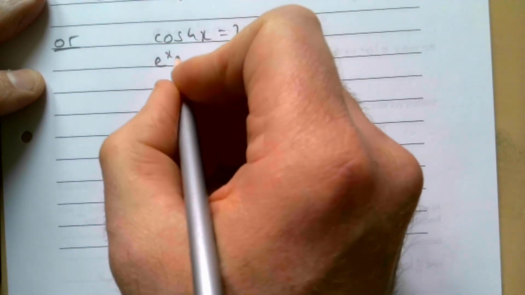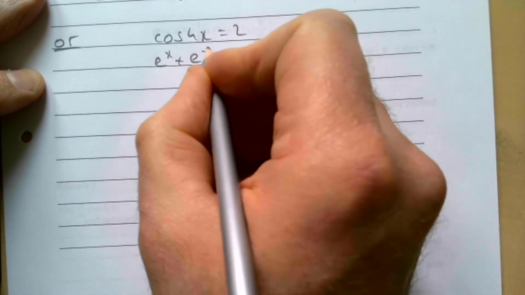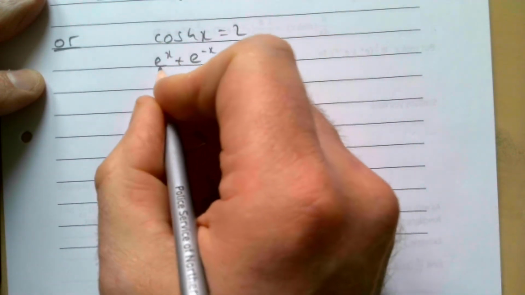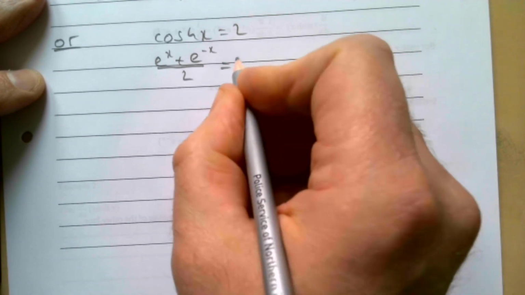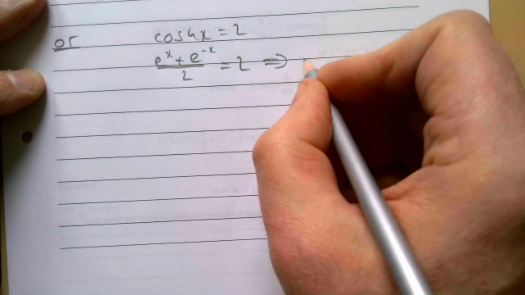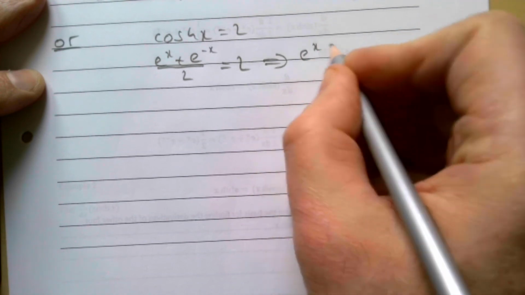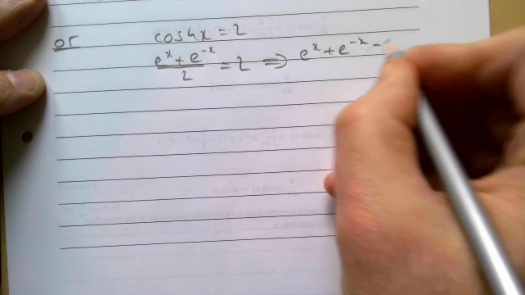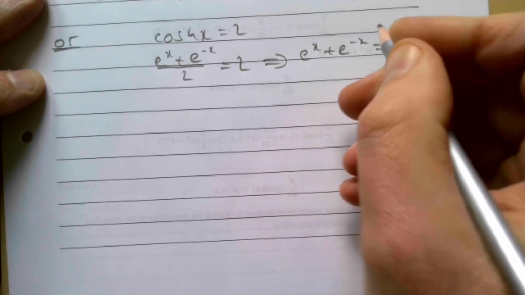The other option for us is to go cosh x equals 2. We know what cosh x is, don't we? We know it's e to the x plus e to the minus x all over 2, and that equals 2. That of course gives us e to the x plus e to the minus x equals 4.